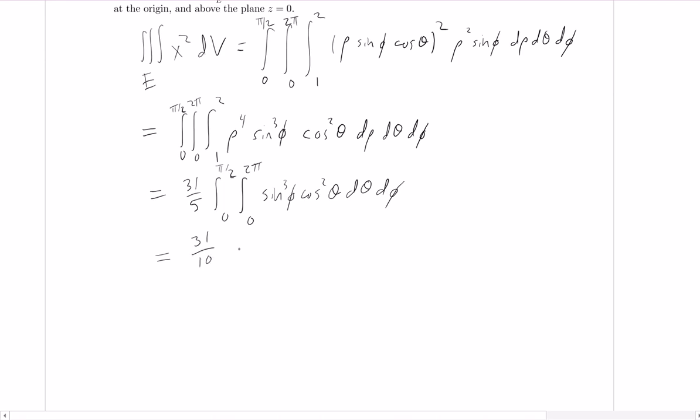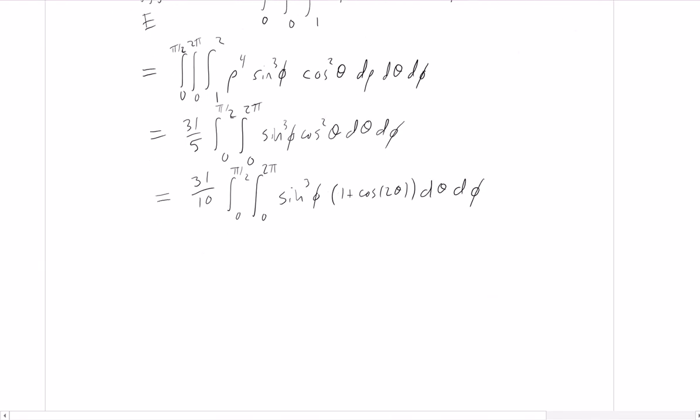So we'll put the 1/2 out front and replace this with 1 plus cosine of 2 theta. Okay. So, let's do this integral.